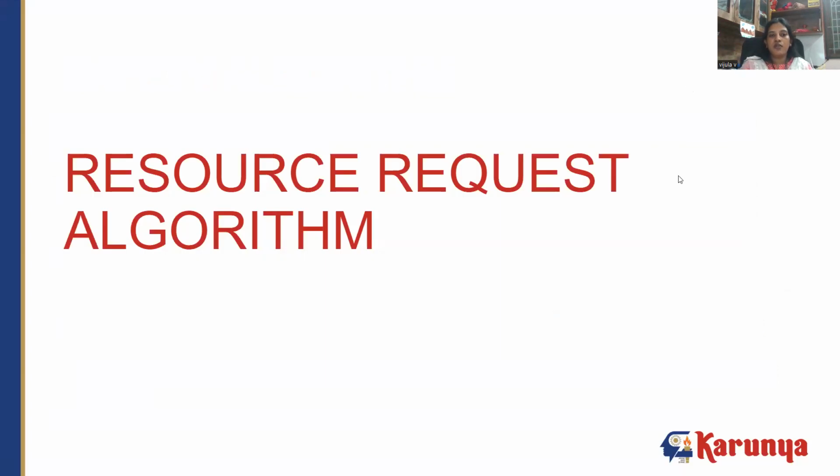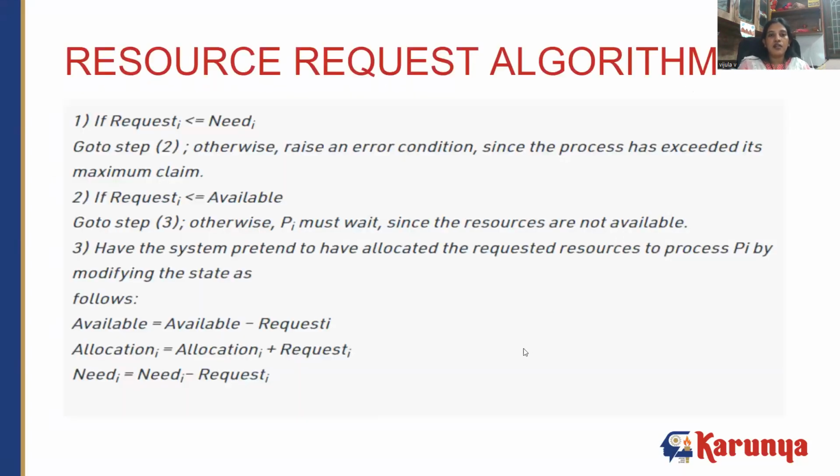So next we'll move on to the resource request algorithm. This is the algorithm for resource request, and we'll be using this for your programs. For available, you have to do available minus request; for allocation you'll be adding allocation plus request; and for need, we will do need minus request value.